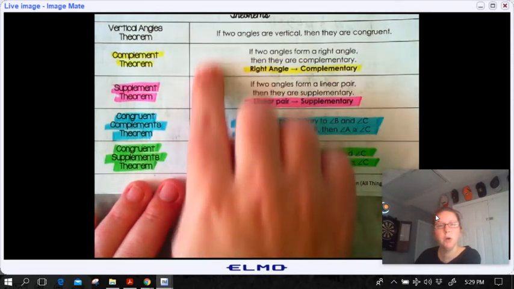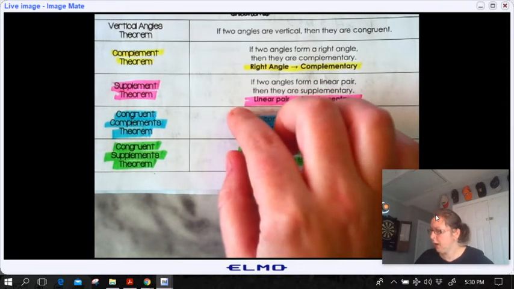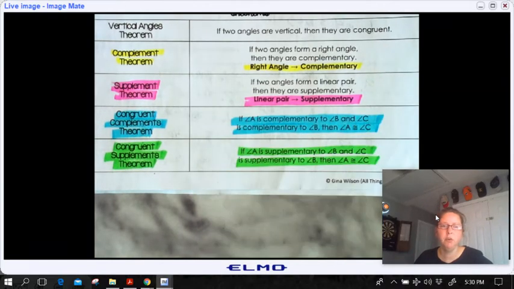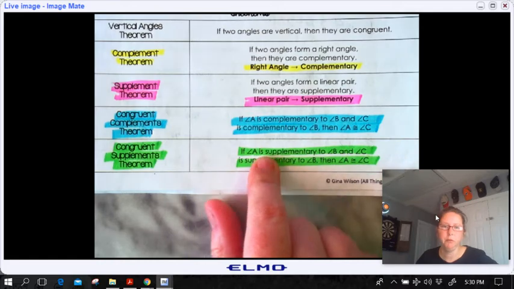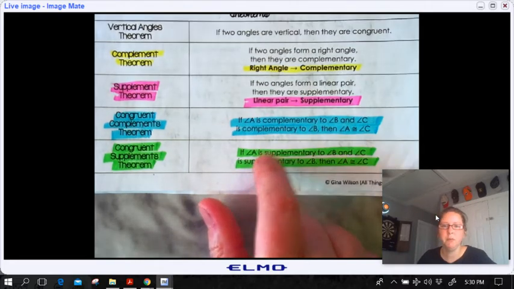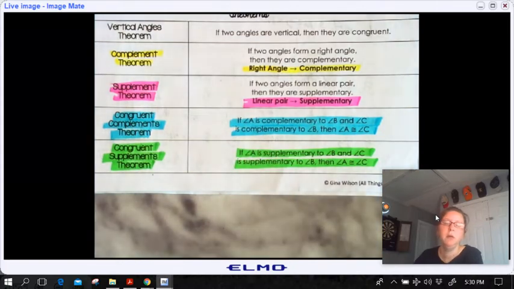So these are 4 new theorems that we're just going to add to our bucket. These 2 come from the angle addition postulate as well, and they are just mixed with complementary or supplementary, okay? Because they're talking about specific 90-degree angles or 120-degree angles or sums of angles, okay?